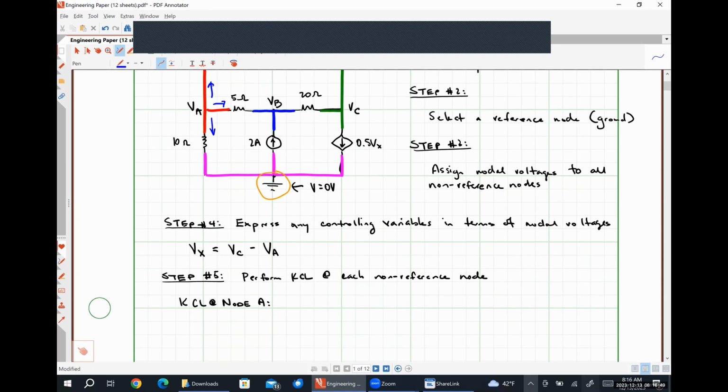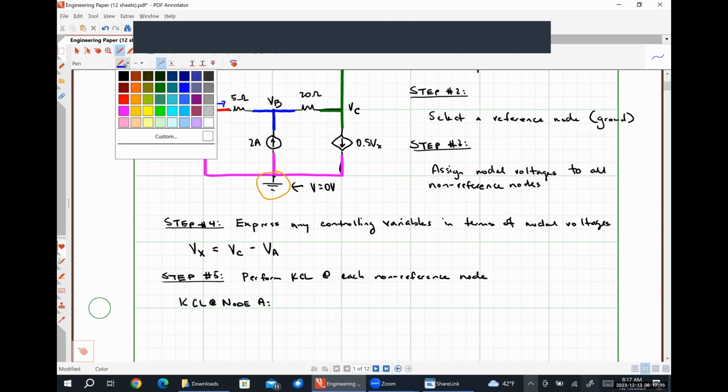Okay, so that's nothing more than Kirchhoff's current law. And I'm choosing to do it where all of the currents that are leaving are positive, so that everywhere I have a VA term, it's going to be positive. So whatever node I'm performing KCL at gets positive signs, and all of the other nodes are going to wind up having negative signs. It's a nice, easy way to organize things without having negative signs all over the place.